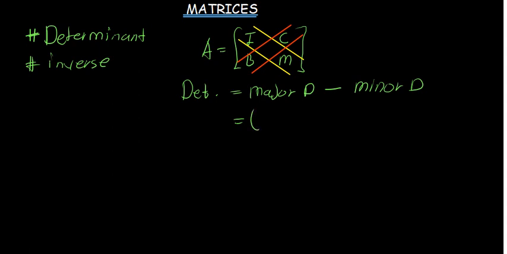So the product of the major diagonal, which is I multiplied by M, minus the product of the minor diagonal, which is B multiplied by C, and whatever we get here is going to give us the value of the determinant that we are looking for.